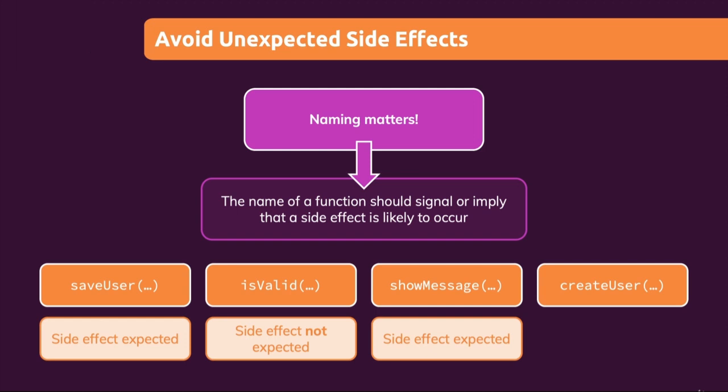Create could mean that saving that user to the database is part of the creation process, or that validation of the inputs and showing an error message is part of the creation process. So here, it really comes down to the overall context of the application in which you use this function. A side effect is not necessarily expected, I would say, but it's also not totally unexpected. And over the last lectures, we indeed had a function named createUser, which did have various side effects.